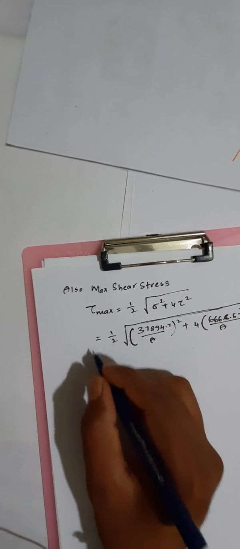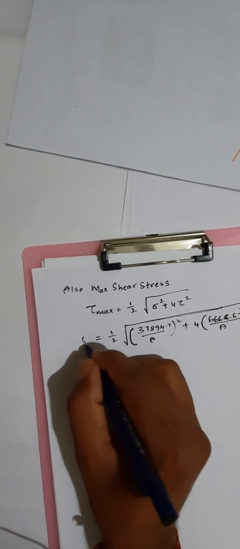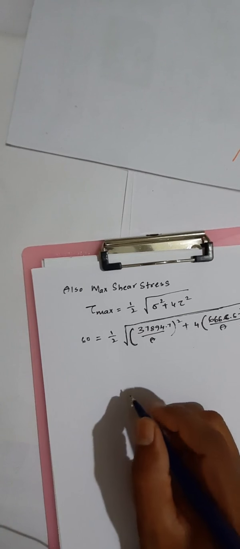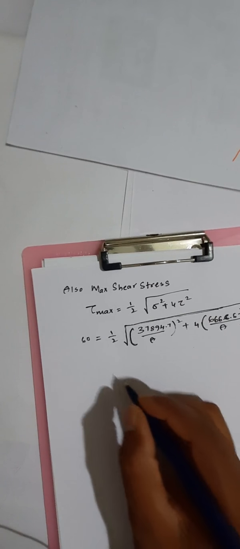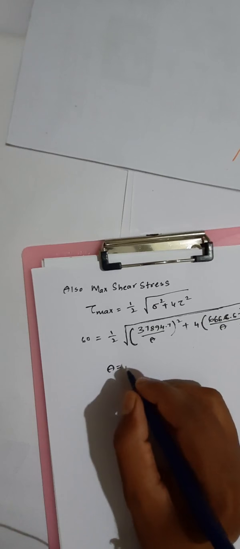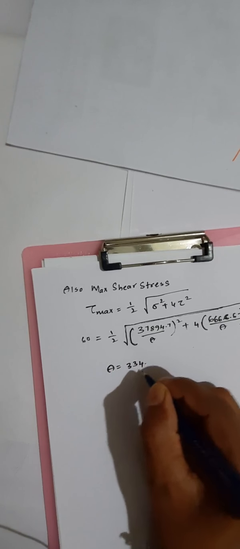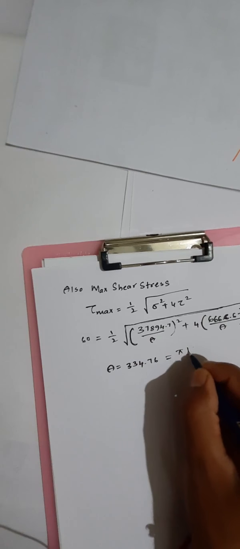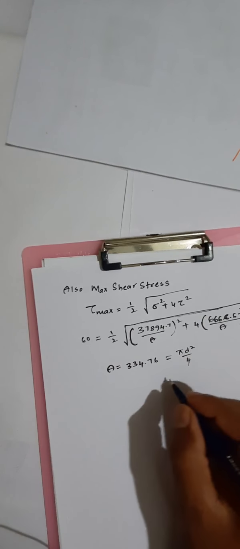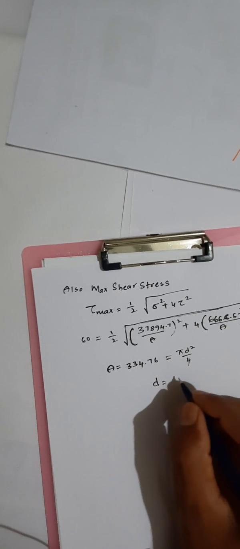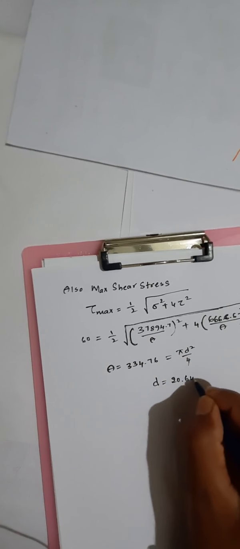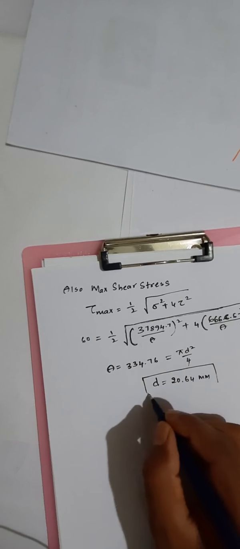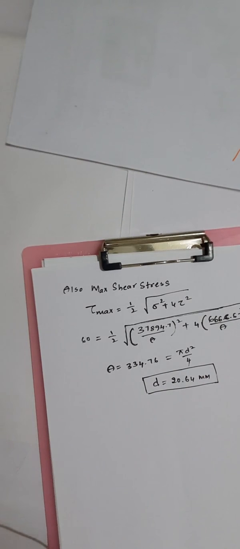If you simplify this, tau max, which is 60, given in the problem, we'll get A is equal to 334.76. If you substitute this value into pi d square by 4 and simplify, d is equal to 20.64 mm. This is the diameter of the rivet which is subjected to maximum shear stress.